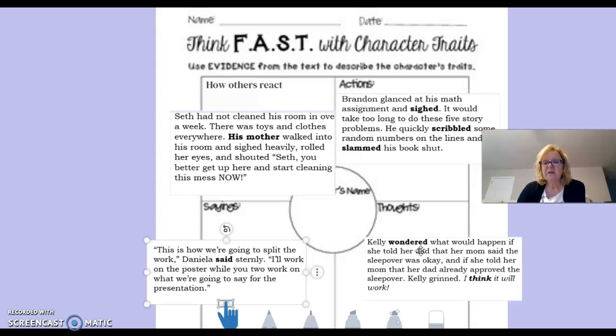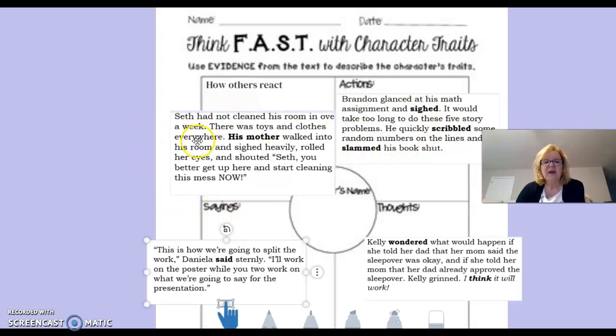So I might say Kelly is being tricky. If we look over here, let's go to Brandon. Brandon glanced at his math assignment and sighed. It would take too long to do these 5-story problems. He quickly scribbled some random numbers and slammed his book shut. I would think maybe he's frustrated or he's angry because of what he did.